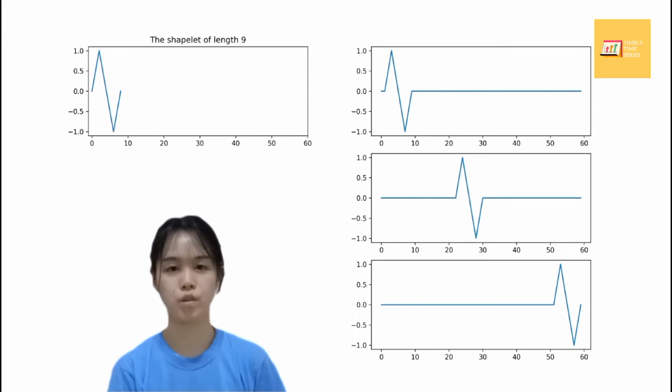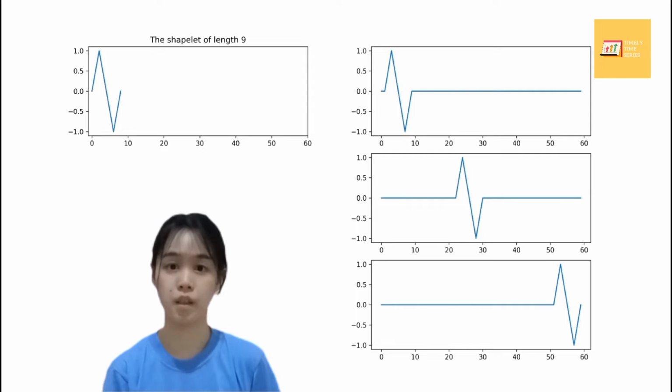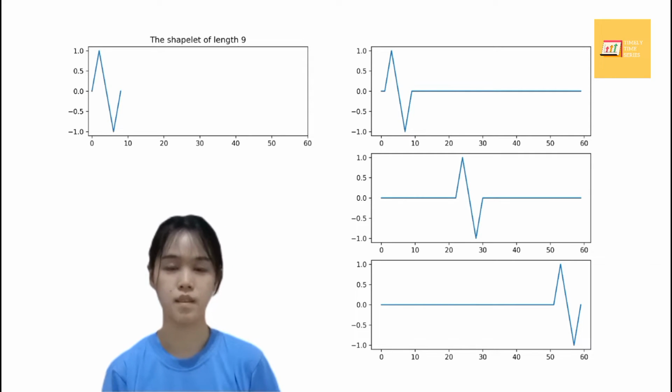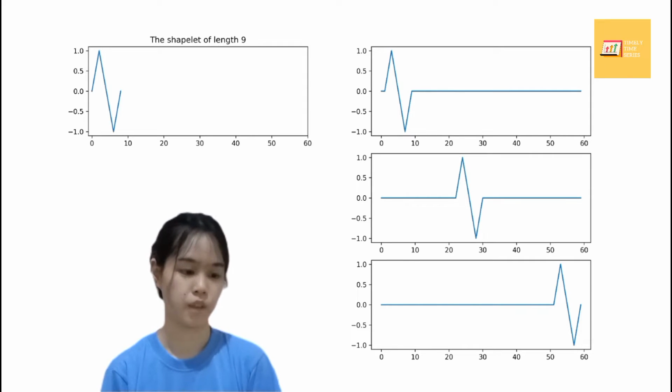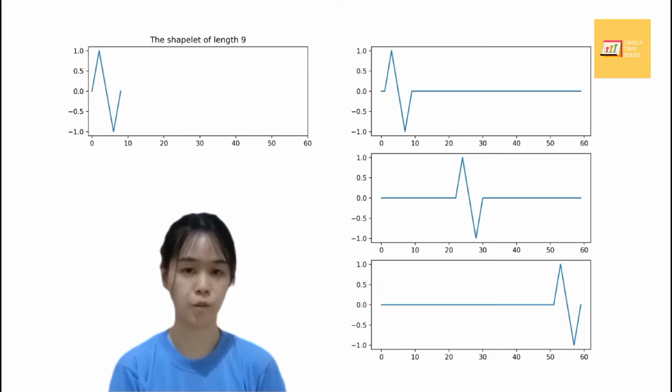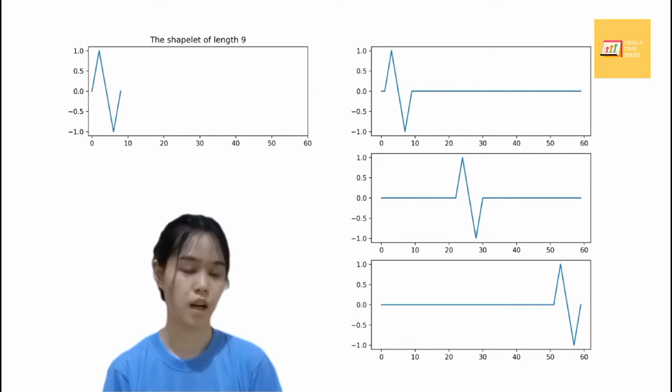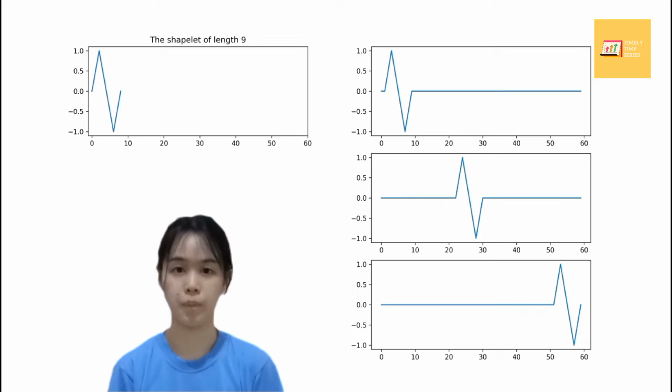Now, referring back to our motivating example at the beginning of the video, we want to label them as state 1 or state 0. If a time series has this shapelet, we can assign it to a label, like one of those labels. Otherwise, we will give it another label.